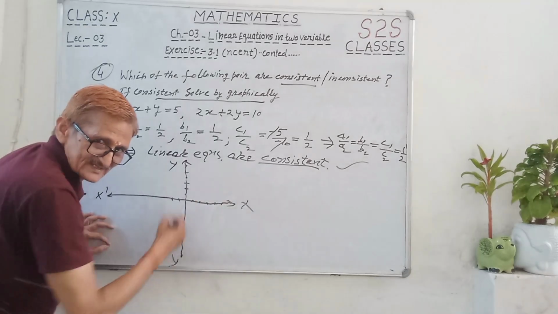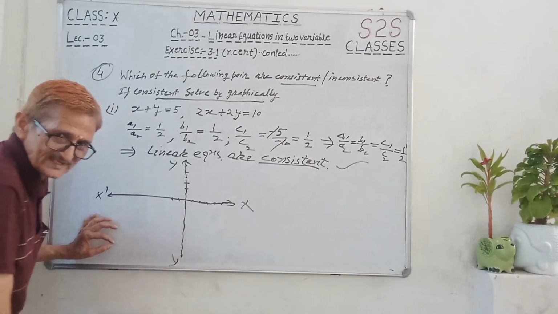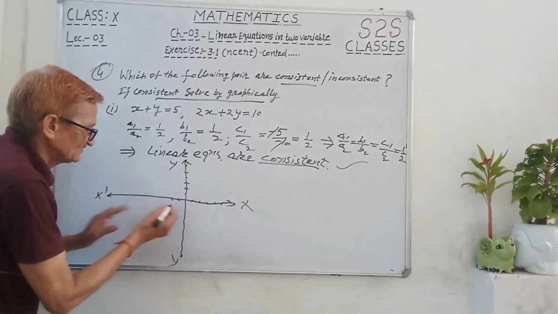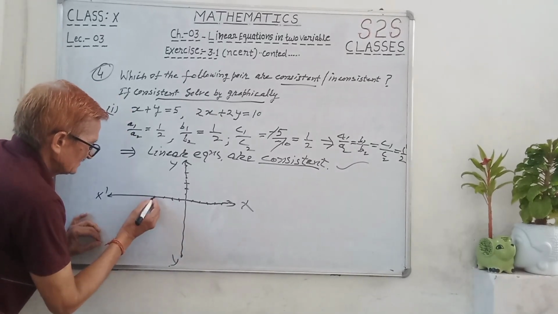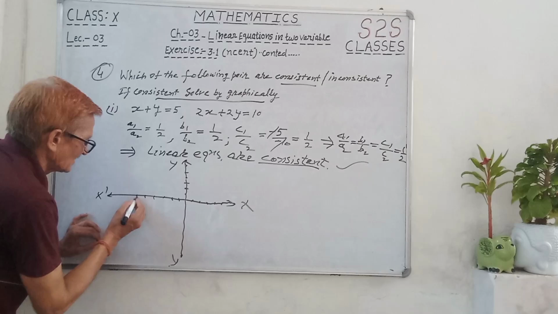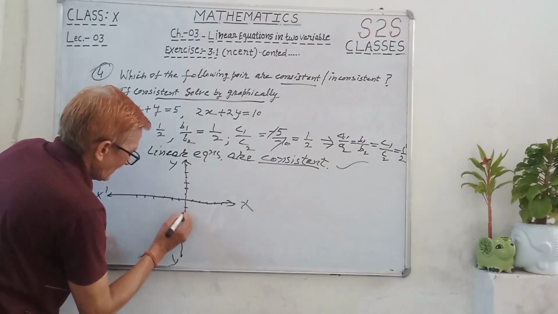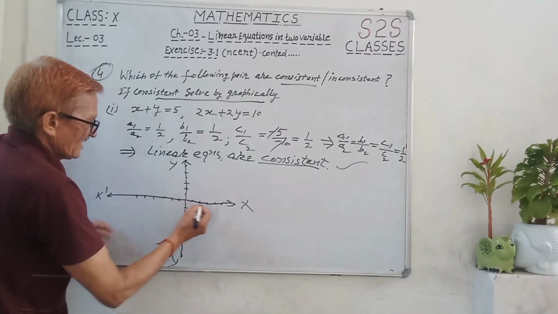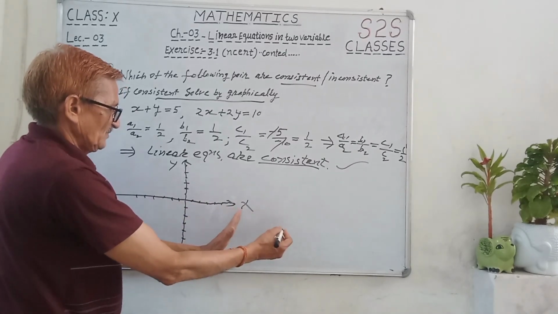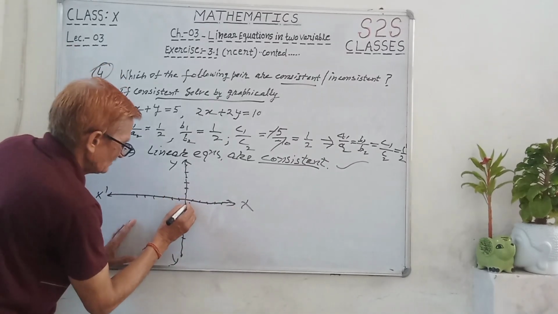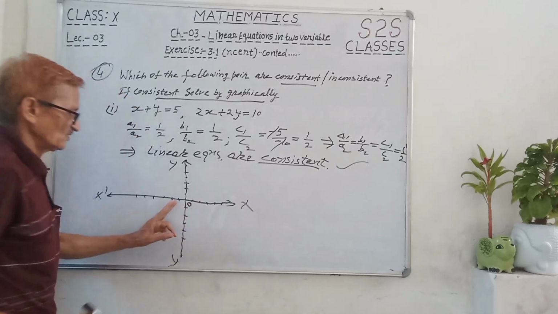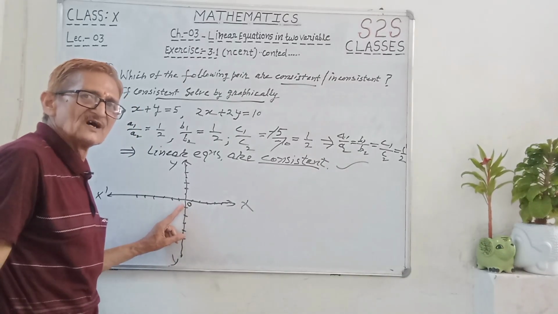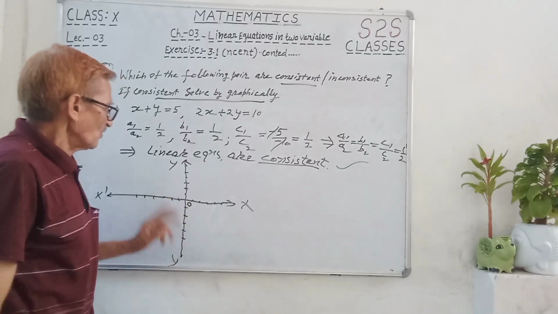Draw the rectangular system, the x-axis perpendicular to the y-axis. Downward is y negative, and right hand is x-axis positive from the origin point O. This is the origin, where both axes are intersecting. That point is called the origin. You should know that.